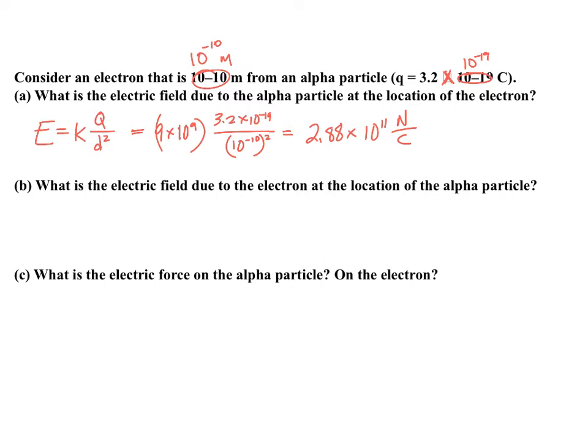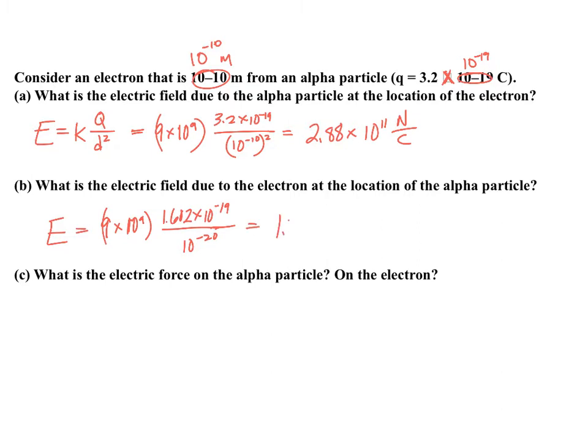What's the electric field due to the electron at the location of the alpha particle? Okay, so electric field is going to be 9 times 10 to the ninth, but it's the electric field due to the electron at the location of the alpha particle. Well, the charge on the electron is just this simple one. Still, the 10 to the minus 20 is what that distance squared is going to be.